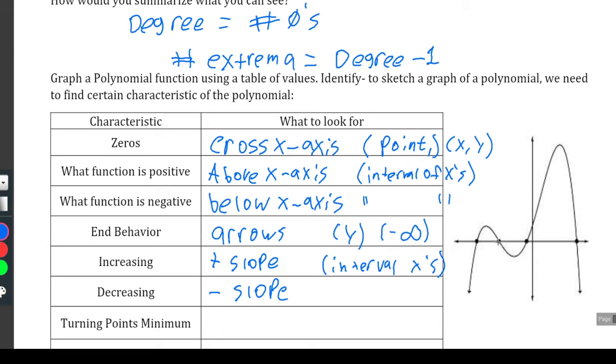Meaning if we're looking for the interval from this point to this point, we would only need to write down the x coordinate, or the x value. So if this is -3 and this is -1, our interval would look like -3, comma, -1. It looks like a point, but it's not considered a point. And same thing for our negative slopes.